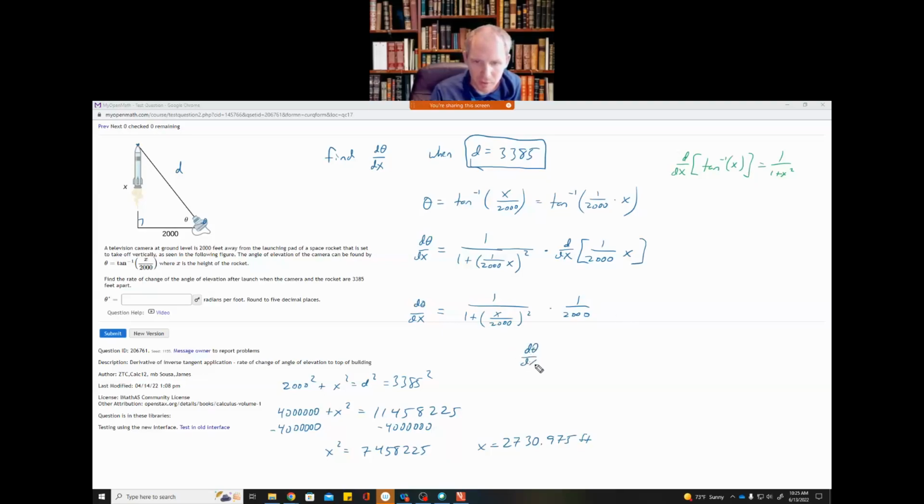So d theta dx when x is 2730.975 is 1 over 1 plus 2730.975 over 2,000 squared times 1 over 2,000.